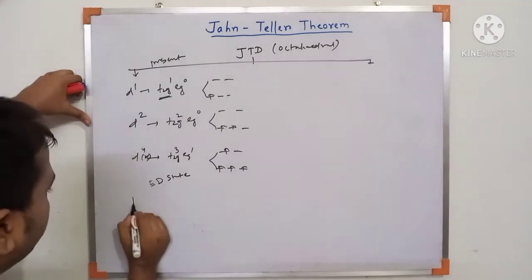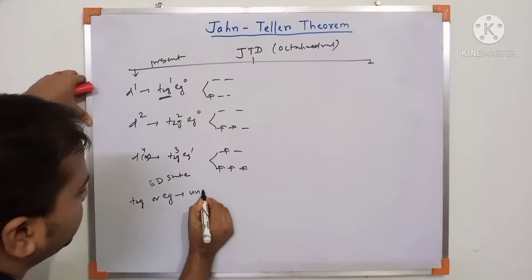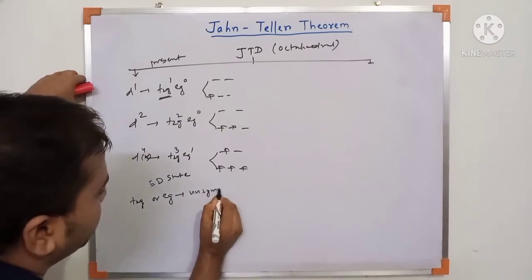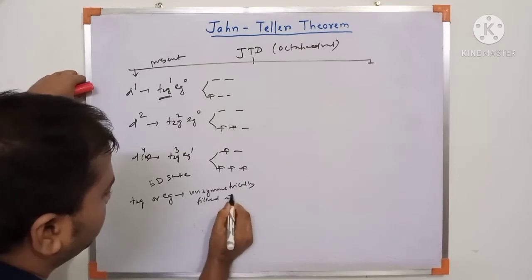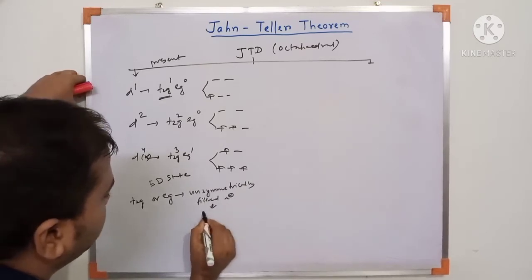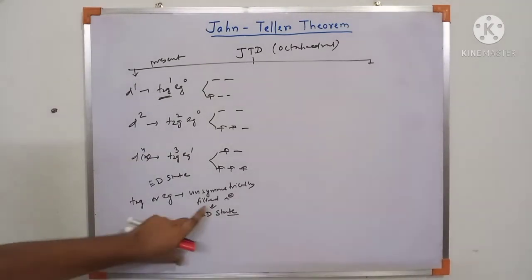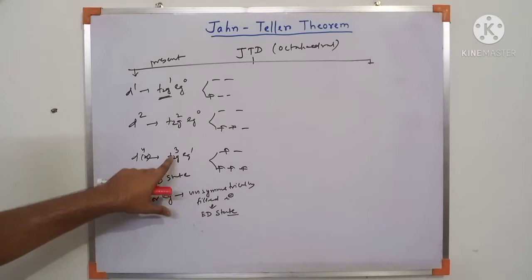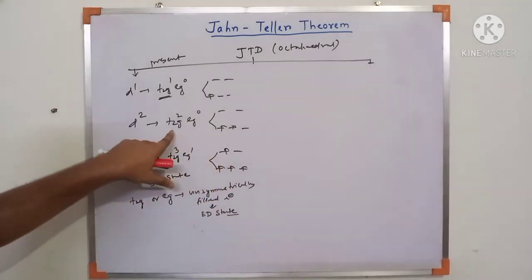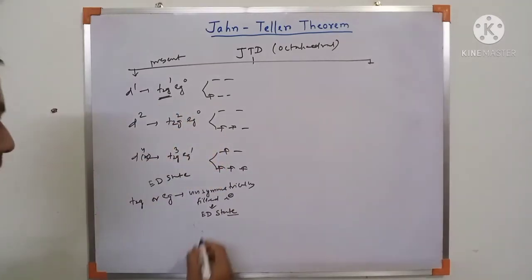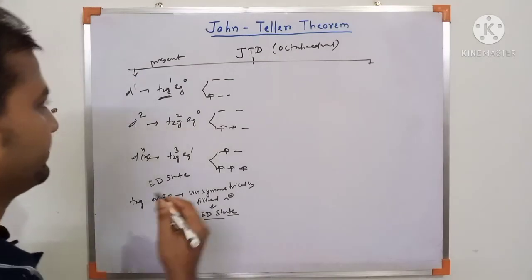When t2g or eg is unsymmetrically filled with electrons, it is called an electronically degenerate state, the ED state. Suppose eg1, this is unsymmetrically filled; t2g2 is unsymmetrically filled. So this is the ED state, and in the ED state Jahn-Teller distortion is valid.